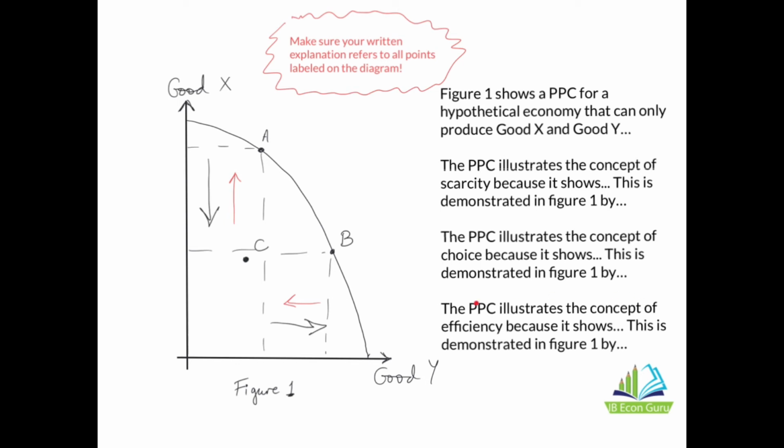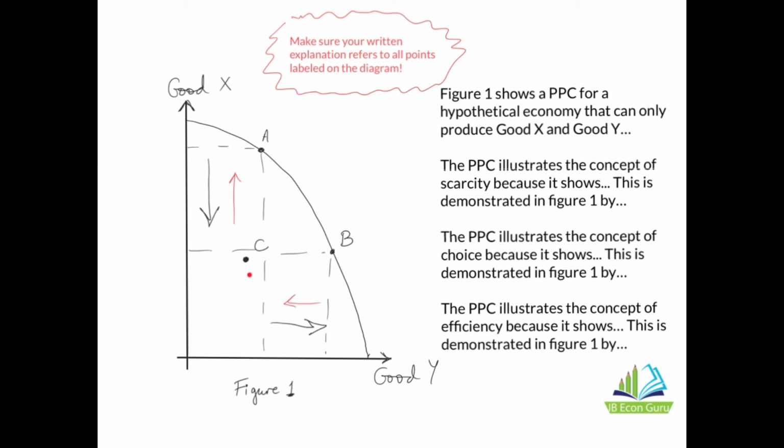Well, how does the PPC illustrate the concept of efficiency? That's why I have point C, which is inside the PPC. Remember, all points on the PPC mean that resources are used efficiently and they are fully employed. So point A and point B are combinations of good X and good Y where resources are fully employed and used efficiently.